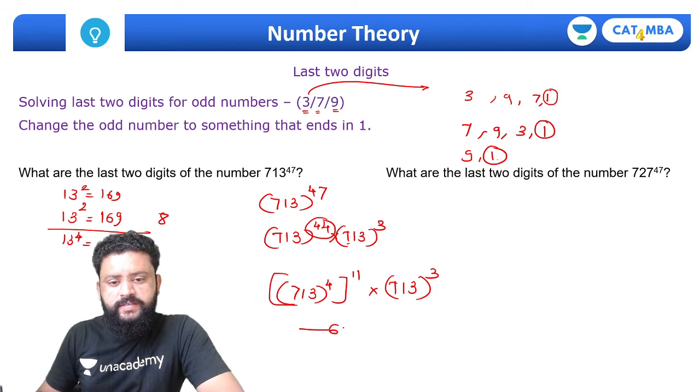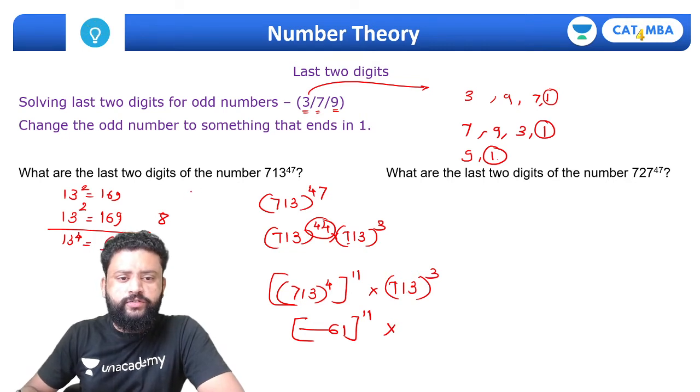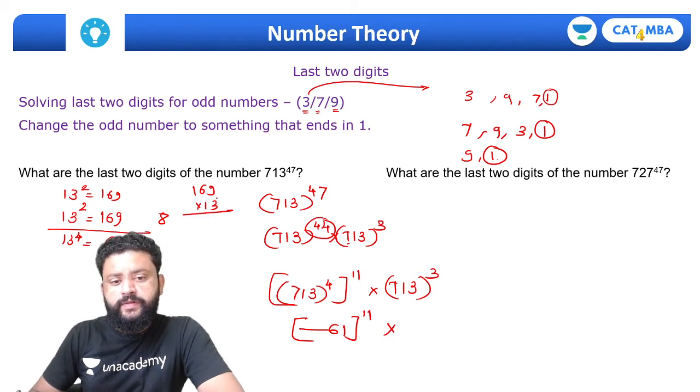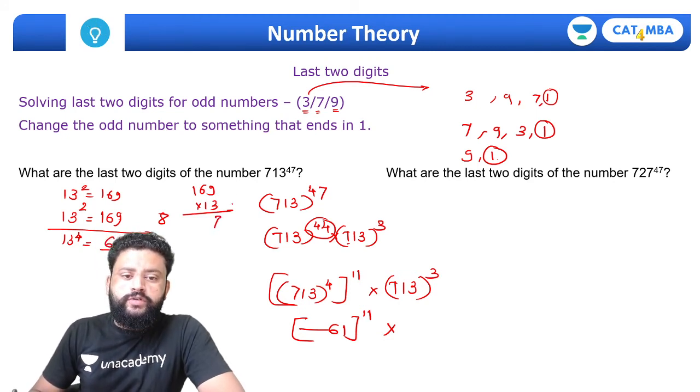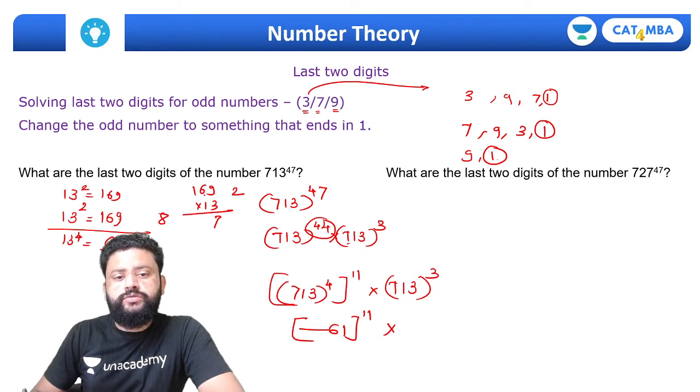So this is 61 to the power 11 into, this is 13 into 13, so 69 into 13 अगर हम करते हैं, इसके लास्ट डिजिट्स क्या आएंगे, 9 3s are 27, carry 2, 18 and 9 27, cross multiply and add it plus 2, 29, so ये आया 97.